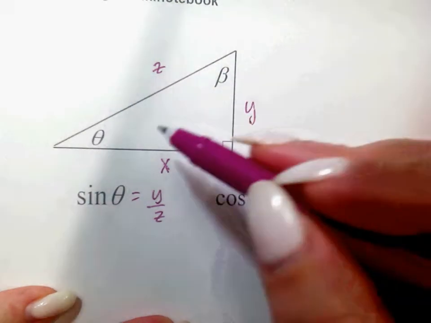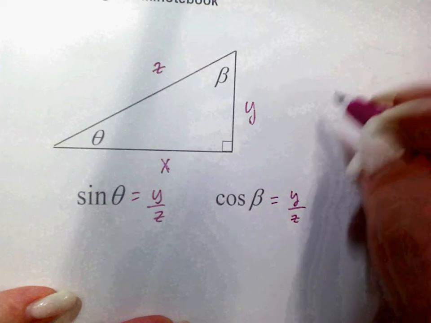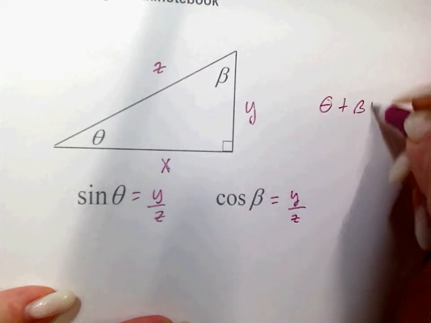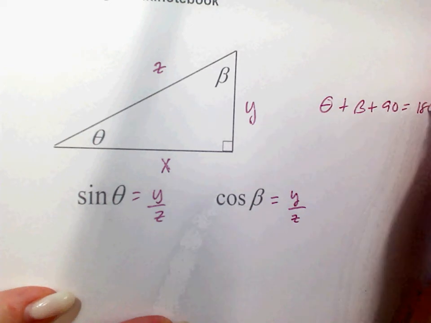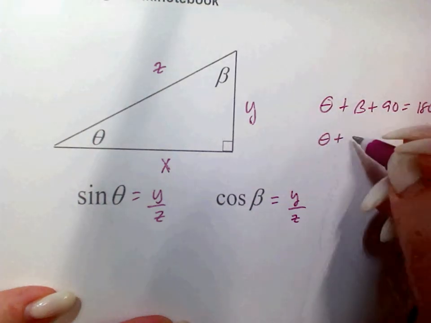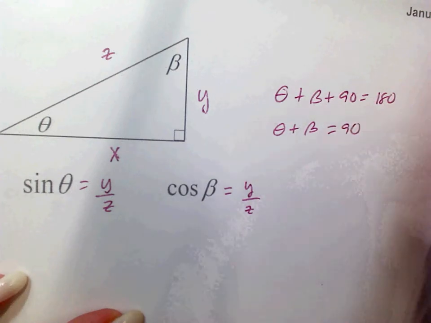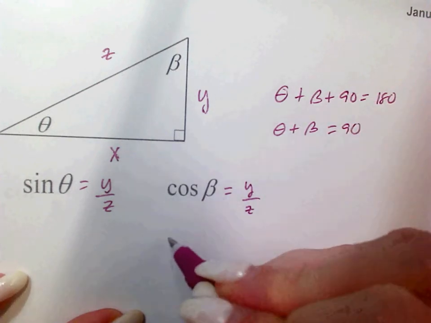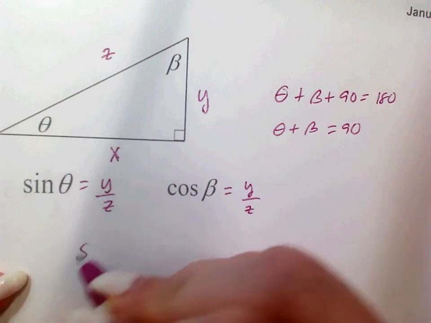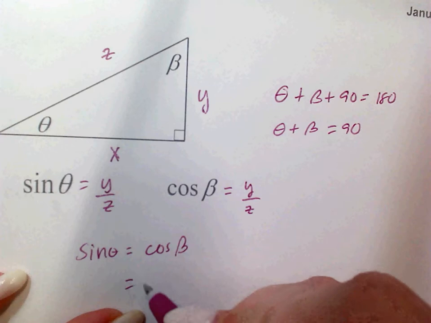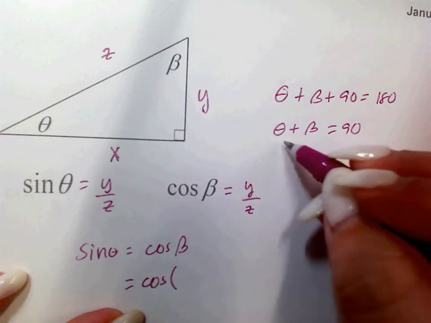And the reason why is because theta and beta have a relationship. The three angles in a triangle, theta plus beta plus 90, have to add up to 180, which means theta plus beta has to add up to 90, right? So cosine of beta equals sine of theta because beta is equal to 90 minus theta.